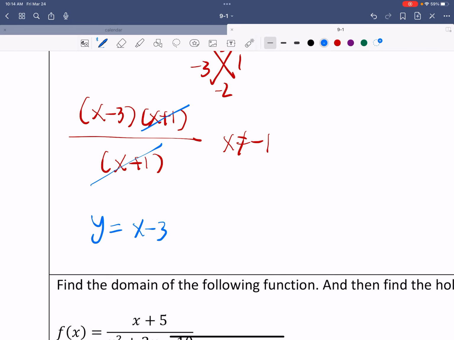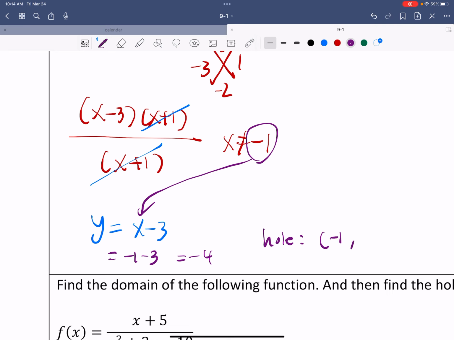Now, what I'm going to do is plug this negative 1 into x. So what do I get? Negative 1 minus 3, which is negative 4. So the hole is going to be x value negative 1, comma, negative 4. If you don't know where I got these numbers from, I got this negative 1 from here, negative 4 from here. That's the hole.